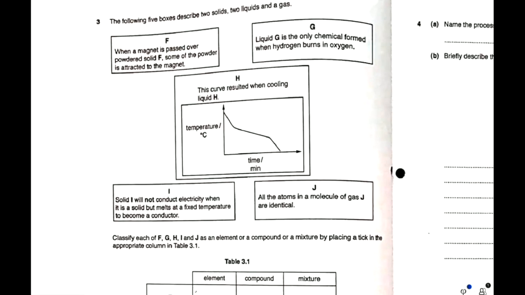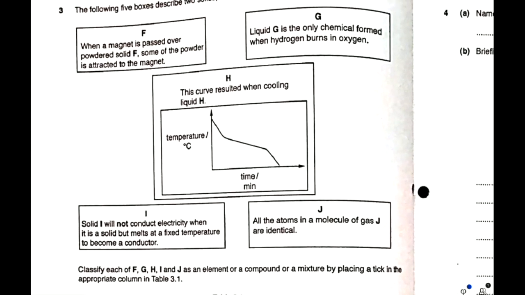So we are supposed to determine whether something is an element, compound, or mixture. First, F: when a magnet is passed over, some of the powder is attracted to the magnet. G is the only chemical formed when hydrogen burns in oxygen, so this one is water. H resulted when cooling liquid H, so that means it's a mixture, right?